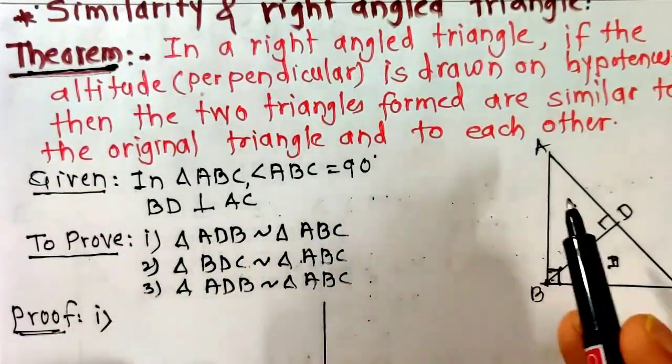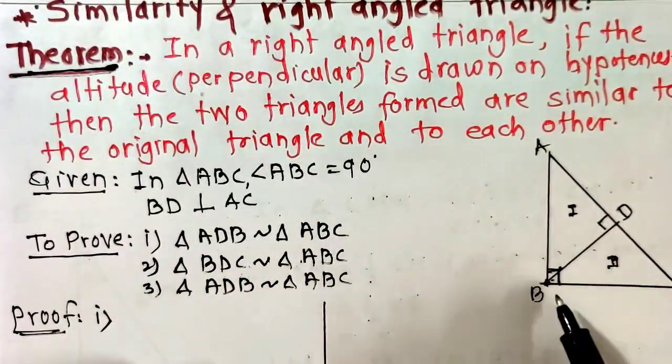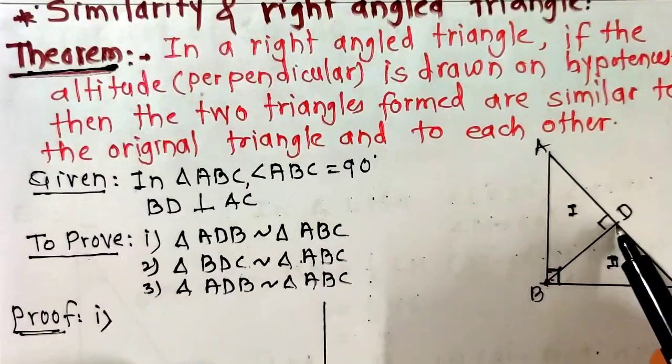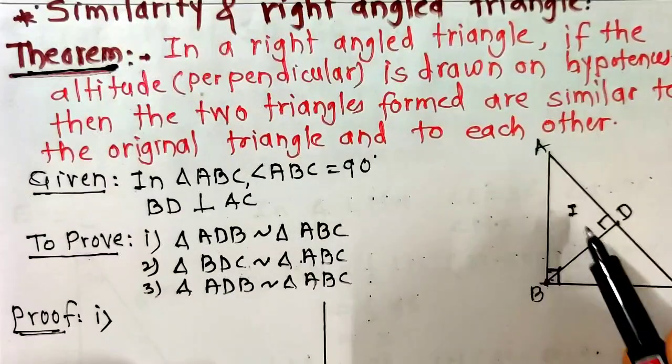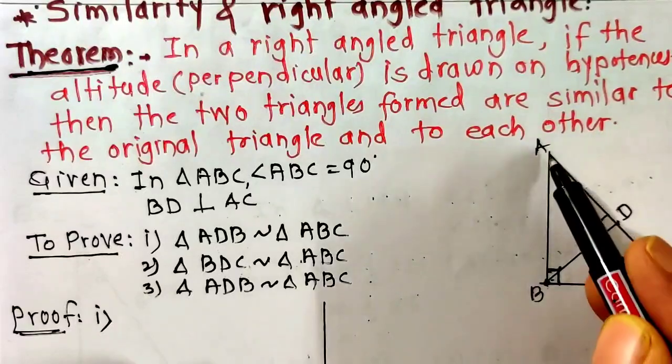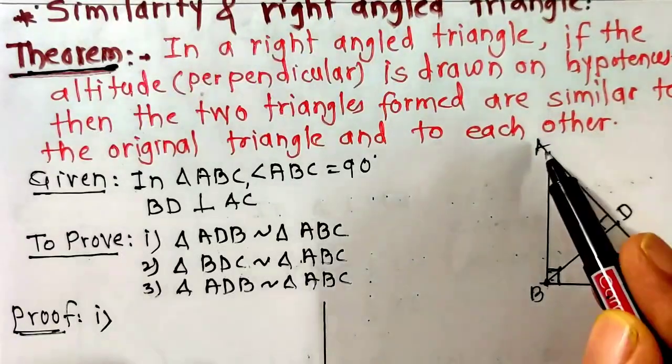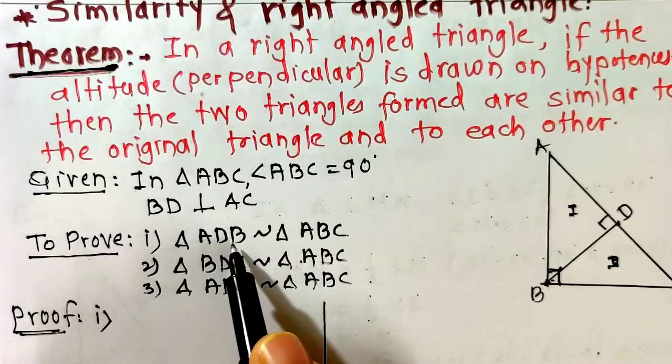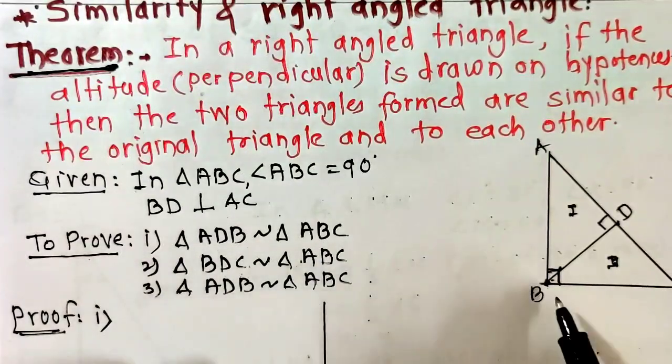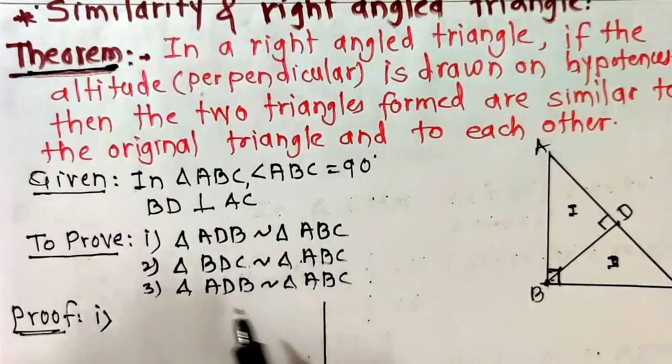So what do we have to prove? If a perpendicular is drawn from the vertex of the right angle to the hypotenuse, then the triangles so formed are similar to the original triangle ABC, meaning triangle ADB is similar to triangle ABC, and triangle BDC is similar to triangle ABC.